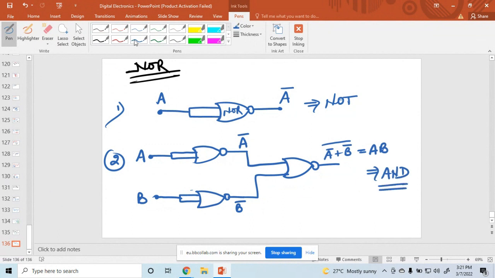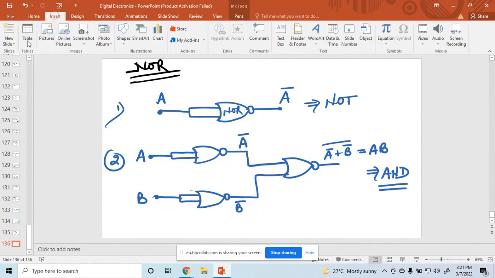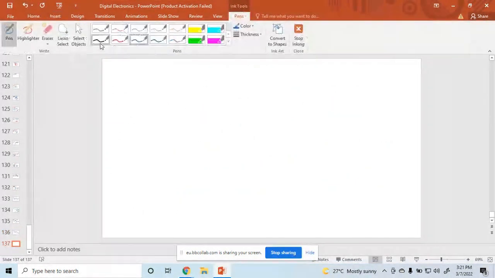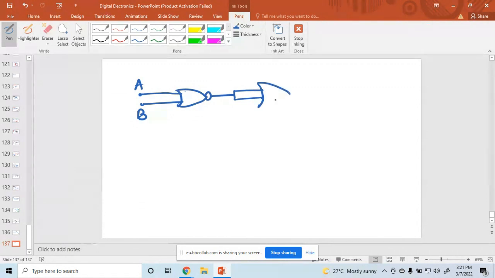And if you want to design an OR gate, you can choose the values like this. Suppose one NOR is connected here, one NOR is connected here, and the inputs are A and B, and again here you have connected one NOR.